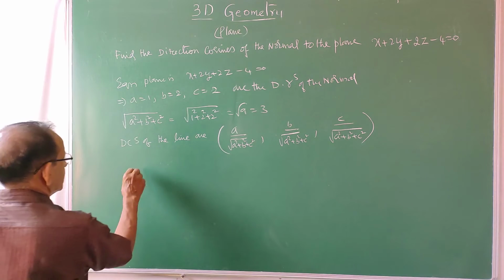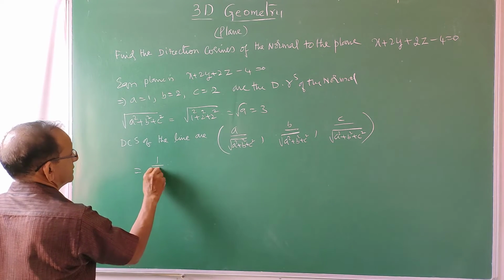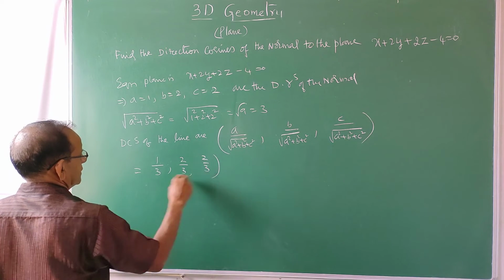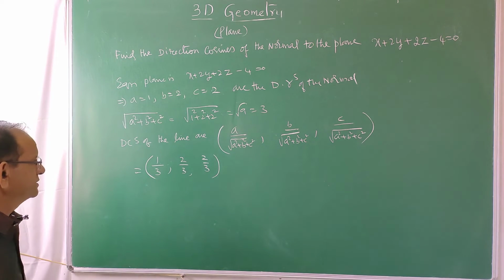That is equal to 1 by 3, 2 by 3 and 2 by 3. So these are the DCs of that normal.